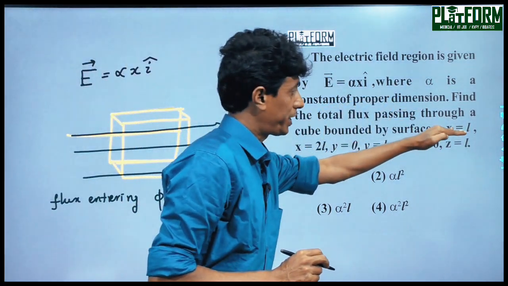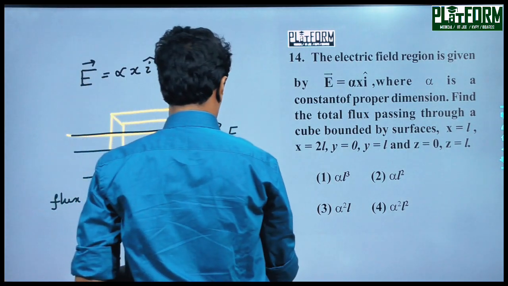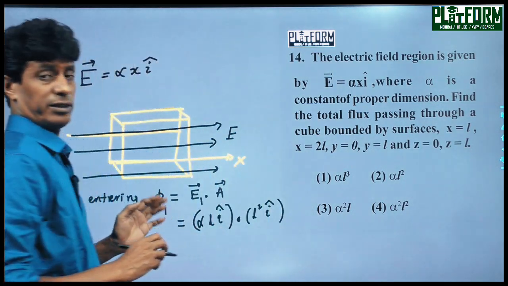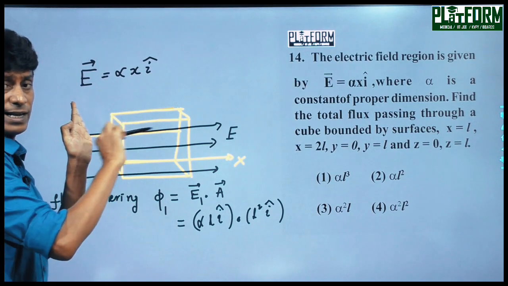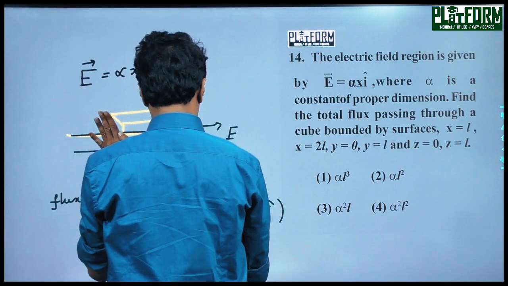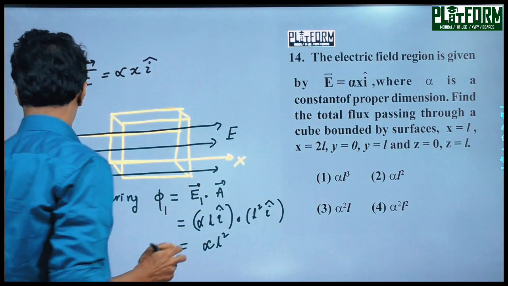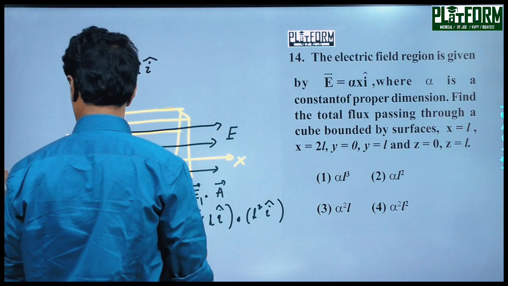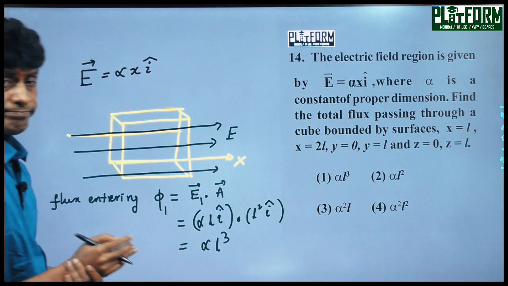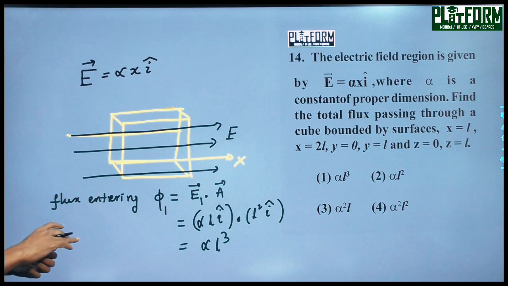Since this cube is bounded at x is equal to L, dot L square I cap, because the normal vector is along the x-axis. This is the YZ plane. So flux entering into the cube is alpha L square, sorry, I am correcting myself, alpha L cube. It is the flux entering into the surface of the cube.